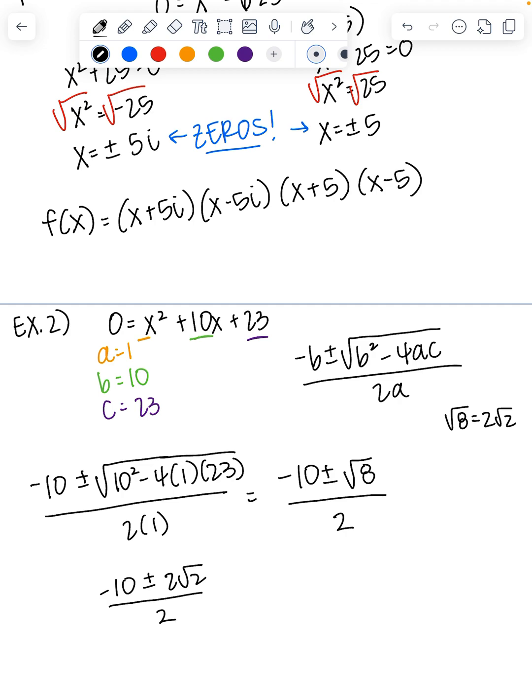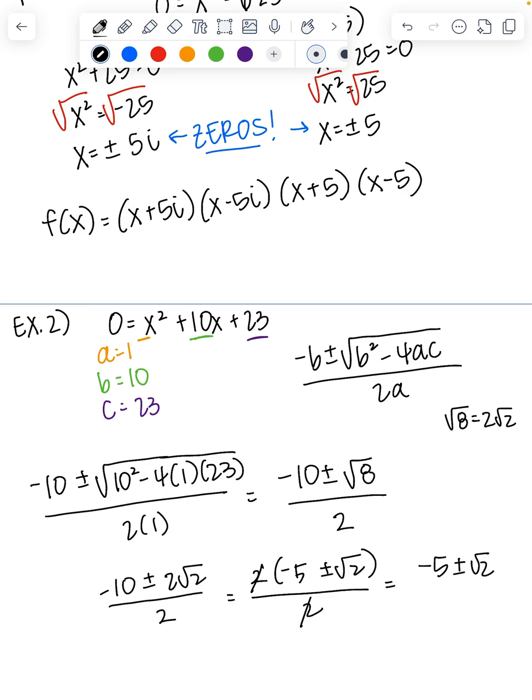Now, I can either just already realize that 2 goes into 10 and 2 will go into 2. Or I can say, and how the book will show you, is they take out a 2 on the top. Oh, that should be 5. Plus or minus rad 2 and then over 2. Okay, they factor it out first. If you can already see that, there's no need for you to worry about that. Okay, and then I have that my answer is a negative 5 plus or minus rad 2, right?